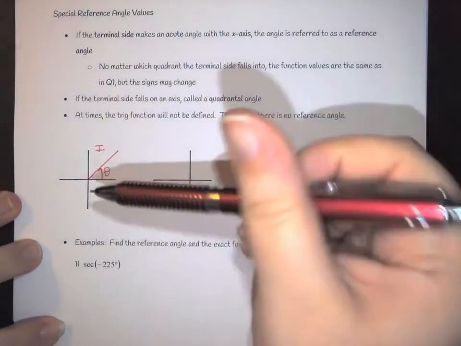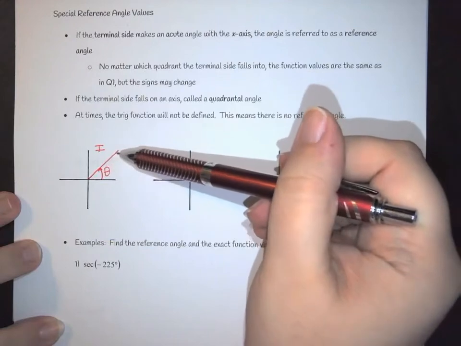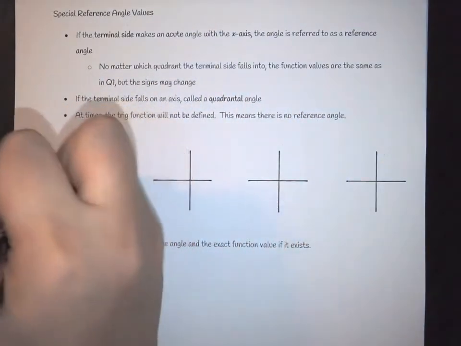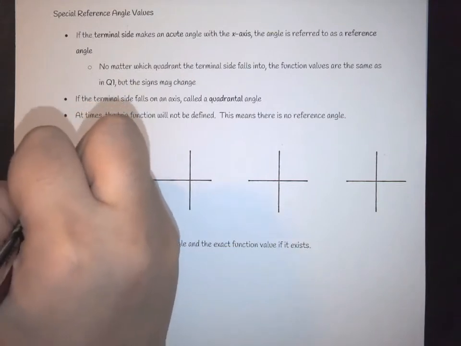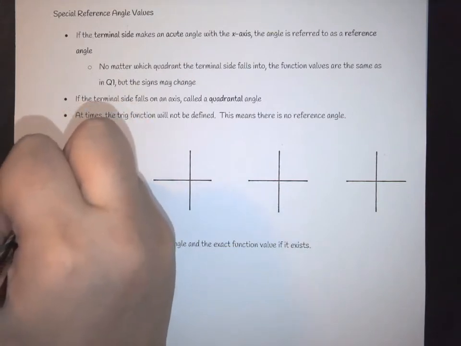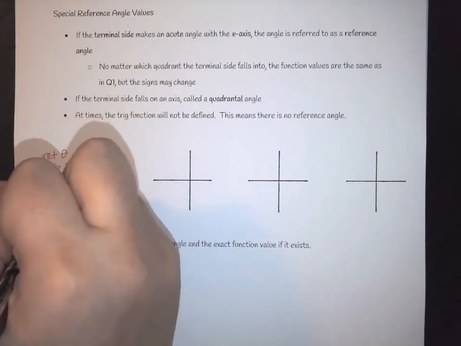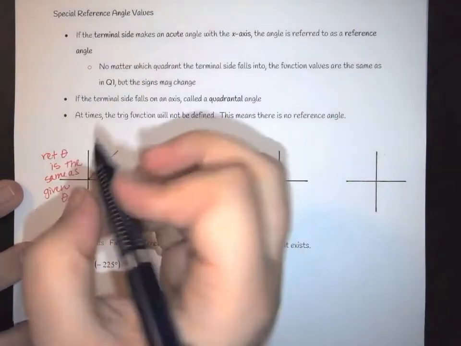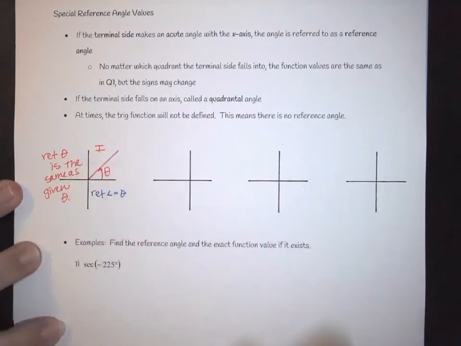Well, in this case, since your reference angle is the small acute angle that goes from your terminal side down to the x-axis, what we know about quadrant 1 is that your reference angle is the same as the given angle. So in other words, your reference angle equals the theta value.